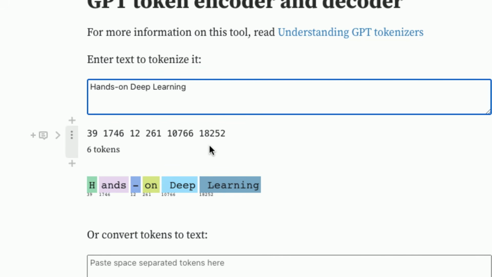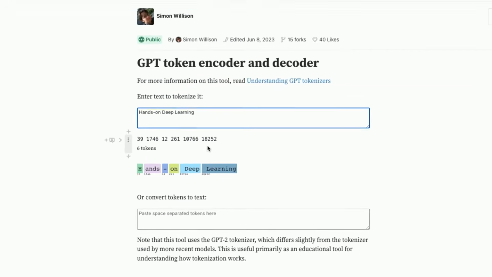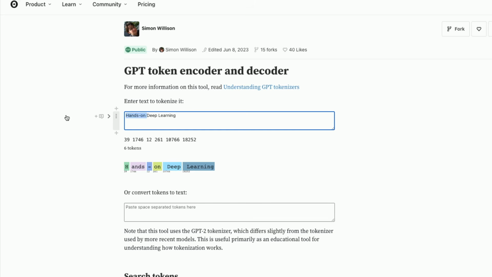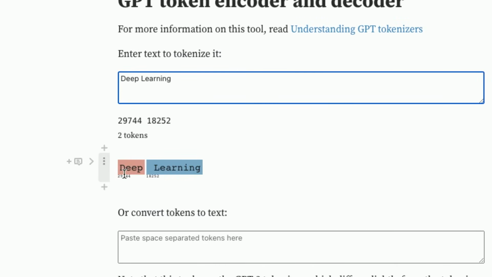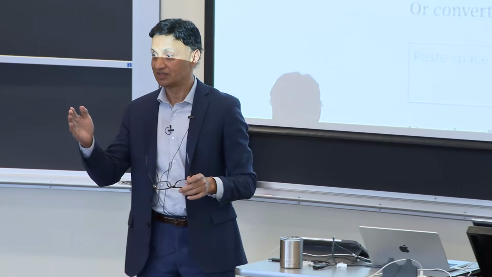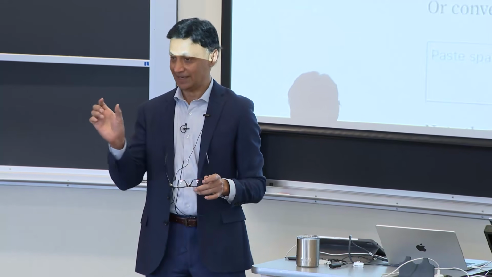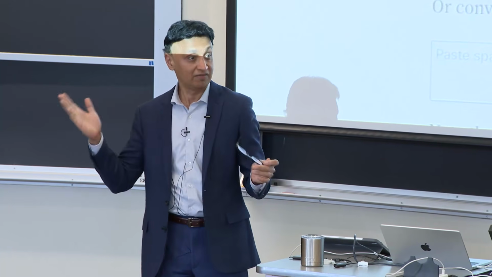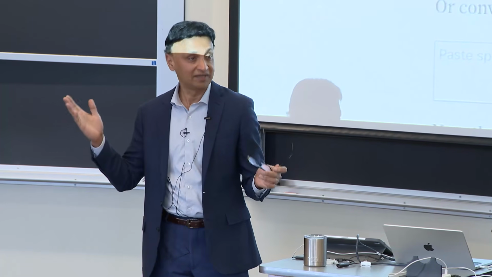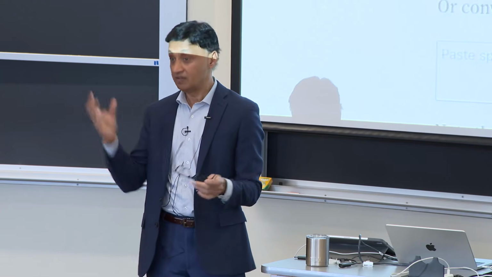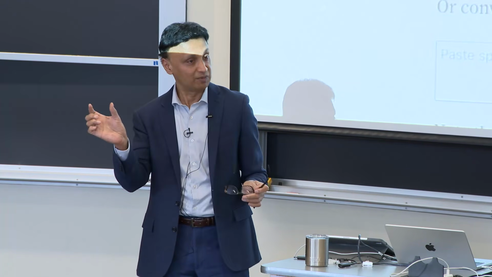Note one thing. Suppose you just had deep learning. Deep has a different token than space deep. What they have realized is that most words are going to show up after a space, much more likely. So having a space attached to the beginning of the word saves you a lot of compute, because words arrive almost all the time with a space before them.